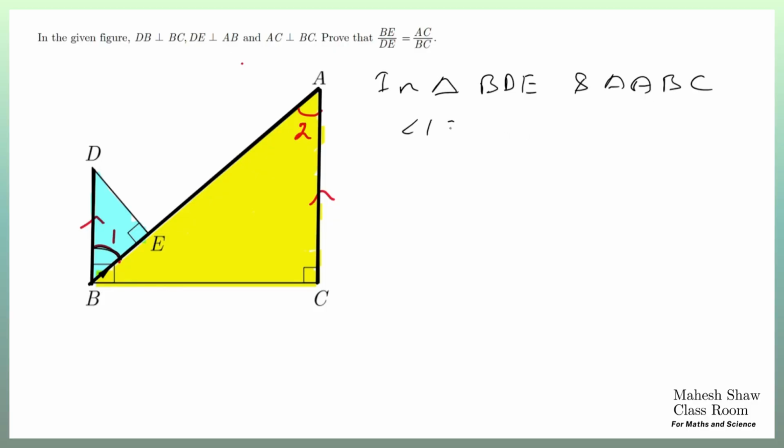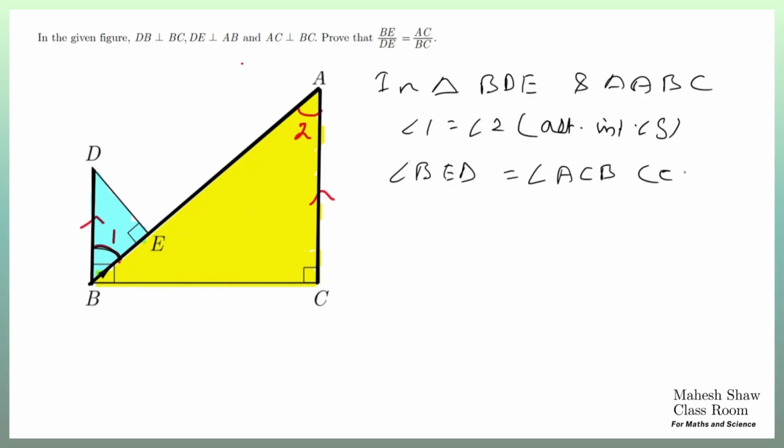So first we'll write angle 1 is equal to angle 2, and they are equal because of alternate interior angles. And the other angle, angle BED, is equal to angle ACB, which is 90 degrees.